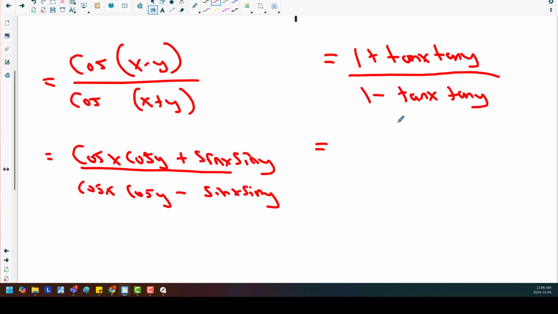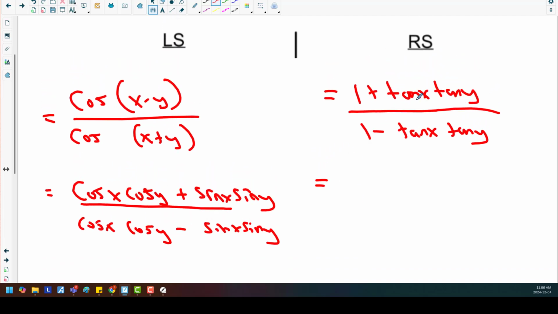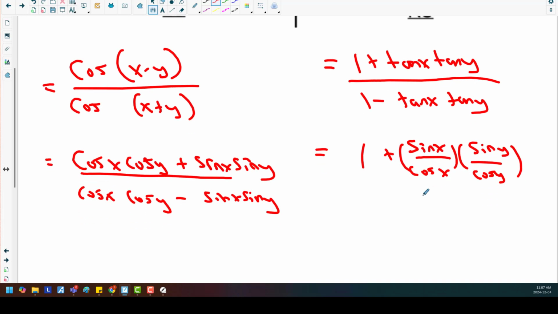Let's move on to this side now. Whenever you have tan, try to rewrite it in terms of sine and cos. Okay.